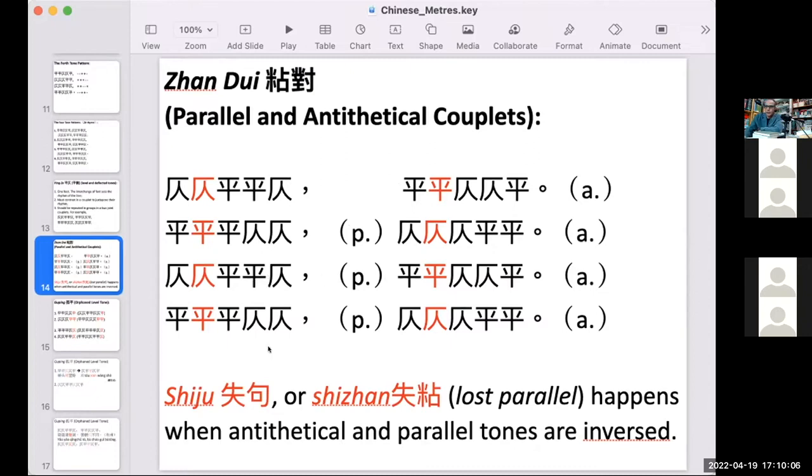I hope it's clear. When there is inversion, that's when a poet changes the ze into ping and the ping into ze. For example, we call it shijan. That means there is a parallel missing or antithesis missing in the line.